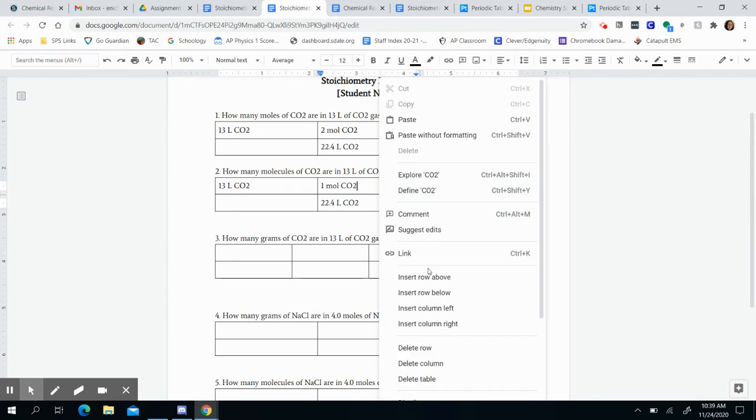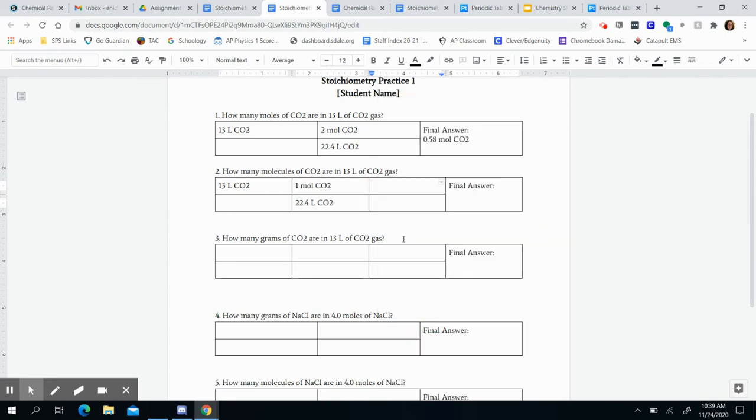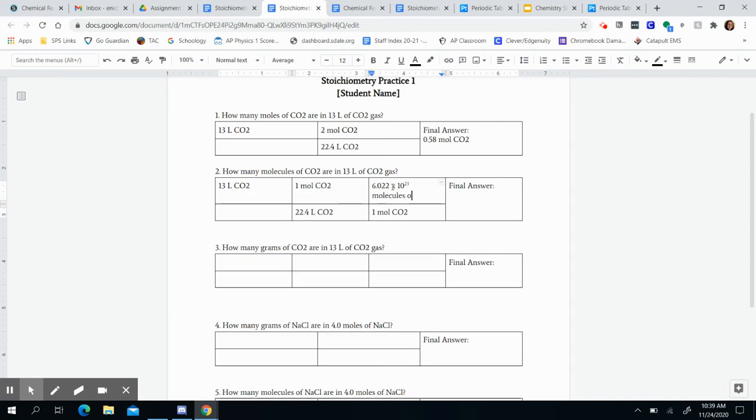But I've run out of space, so I'm just going to add a column to the right because I know I need the extra step. And I know that 1 mole of CO2 is the same thing as 6.022 times 10 to the 23rd molecules of CO2.